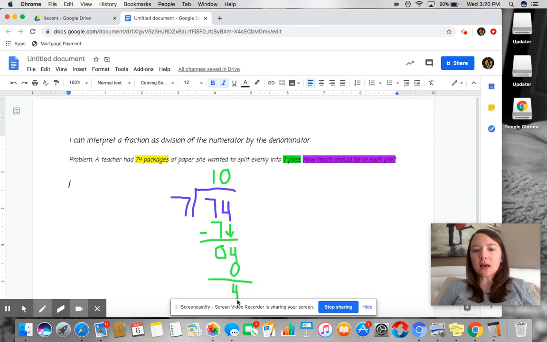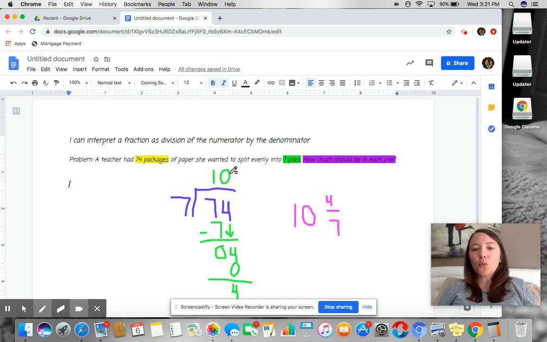Now, because I'm going to need to know how much will go in each pile, should not have any left over, I'm going to write it as a fraction, which means that for each pile, I should have 10 packages of paper in each pile, and then 4/7 of another package in that pile, which means that I would have a total of 10 and 4/7 packages in 7 piles to give me a total of 74 packages of paper.